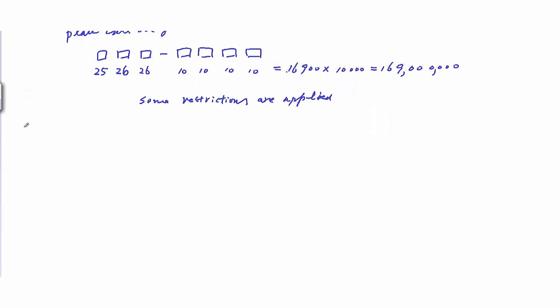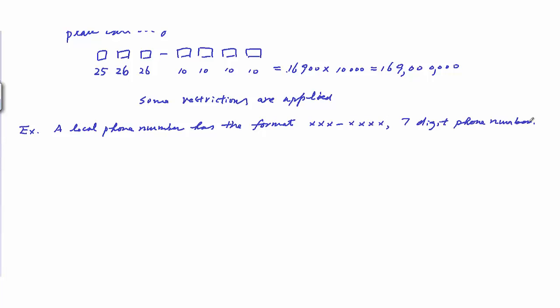Let's look at another example: phone numbers. Say a local phone number has the format of 3 digits followed by 4 digits, so a 7-digit phone number.